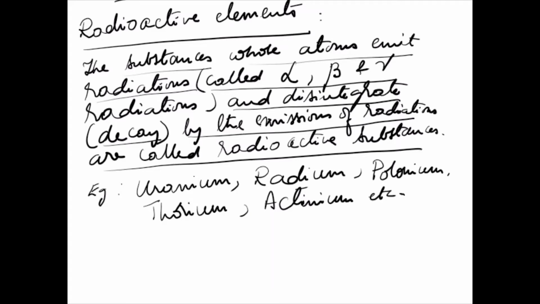Actually, the isotopes of all elements whose atomic numbers are higher than 82 are all radioactive. Why? Because in their nucleus, the number of neutrons is much more than the number of protons. So, such substances are all called natural radioactive substances.